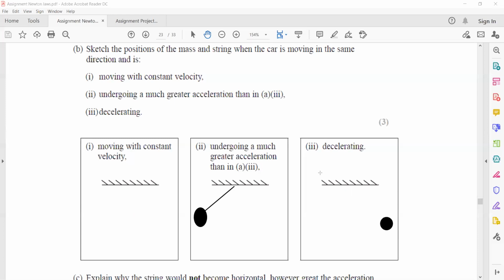There should always be a component of the tension which matches the weight. Weight is acting downward, so there must be a component of the tension which balances the weight. That's why it is not exactly horizontal. If it was exactly horizontal, there would be no component of the tension balancing the weight. So according to physics, it cannot remain at this position.